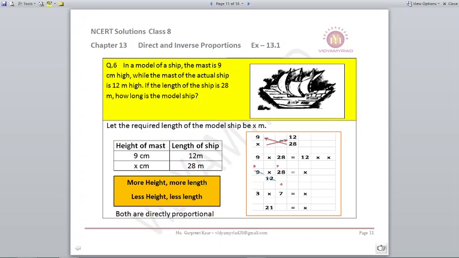Now length is getting increased, which means the height will also increase, which means it is in direct proportion. More height, more length, less height, less length. So let's cross multiply. Your x comes out to be 21. So the height of the mast comes out to be 21 centimeters, which is much more than 9 centimeters.